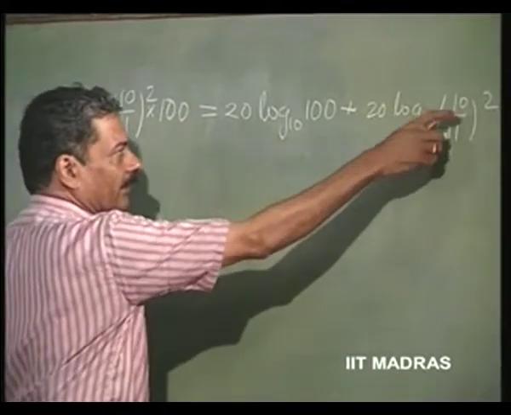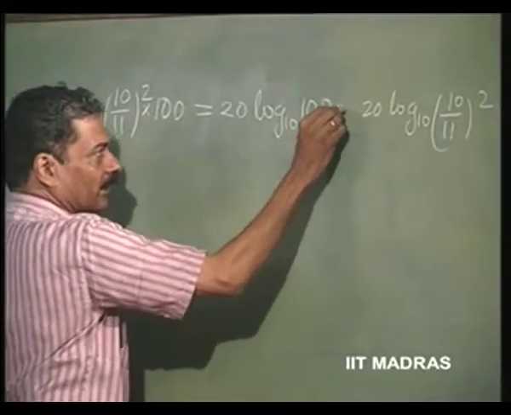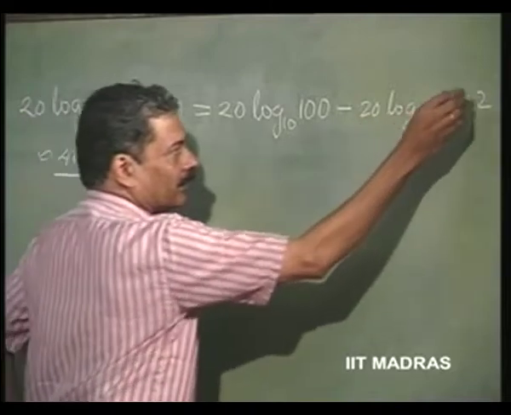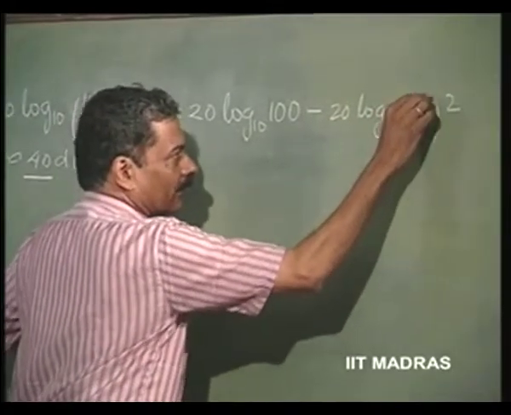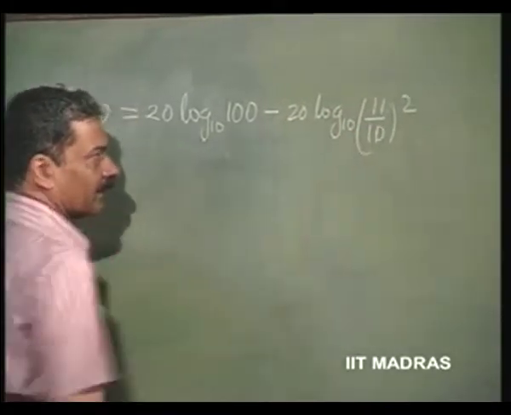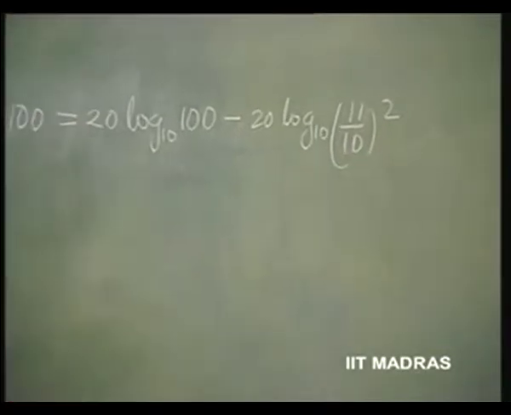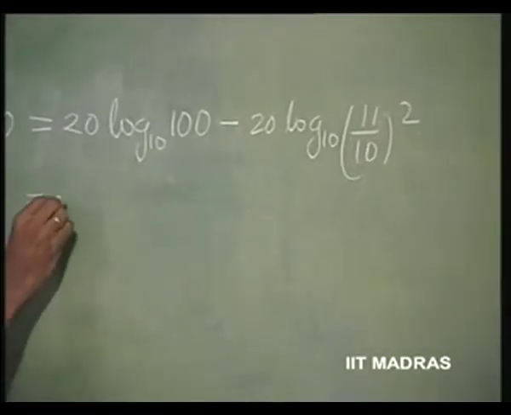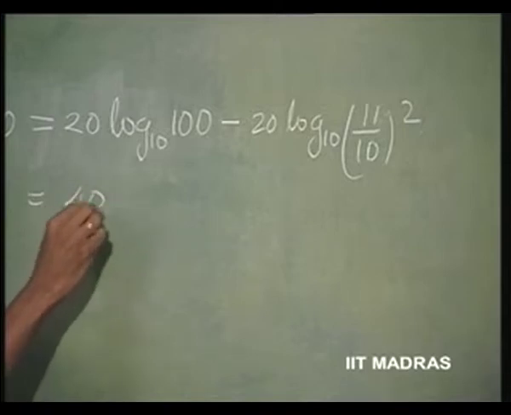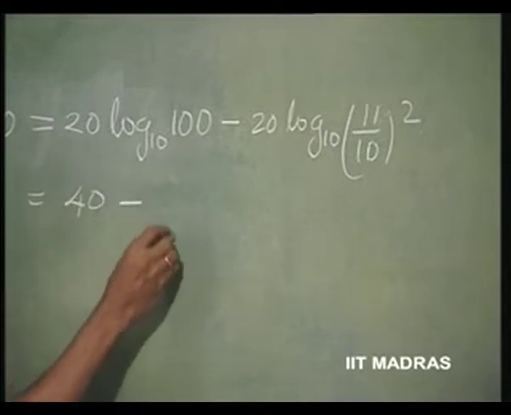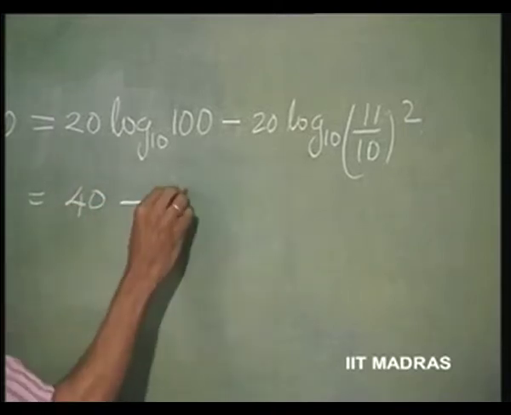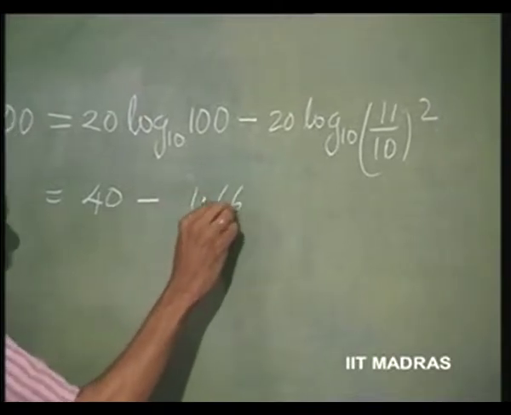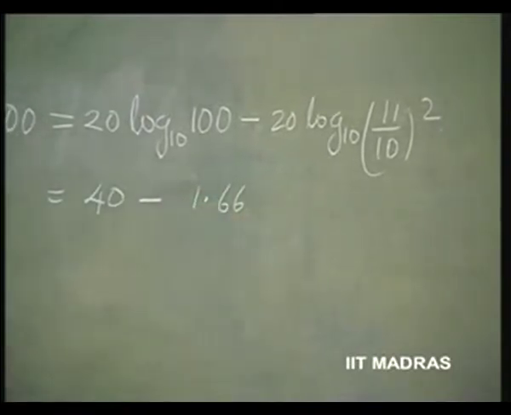This is less than 1, so this becomes minus 20 log of 11 over 10 squared. So, this is equal to the same 40 minus, this is evaluated, comes out to be 1.66 decibels, which we had approximated earlier as 40 decibels.